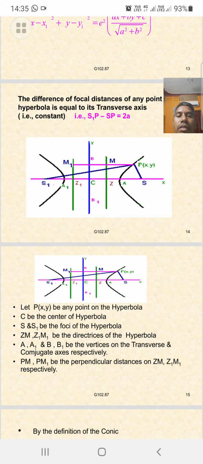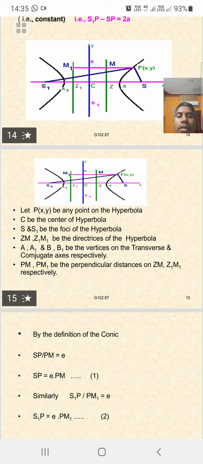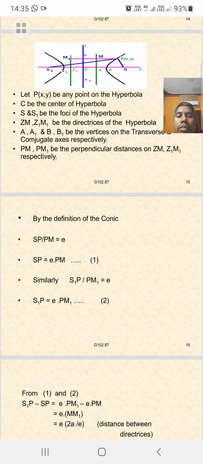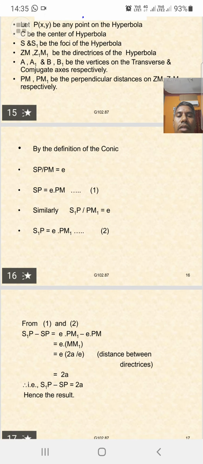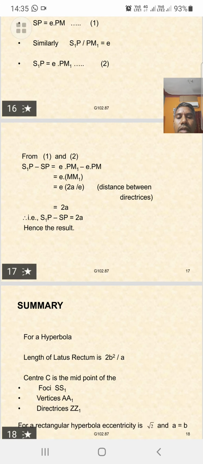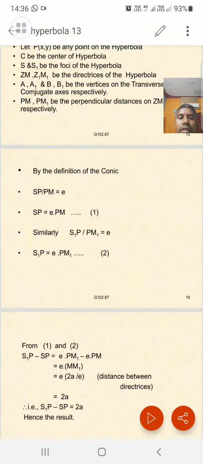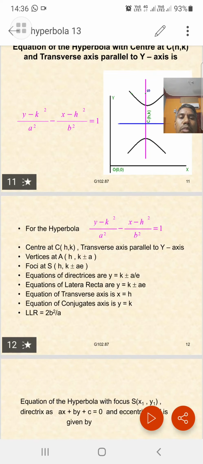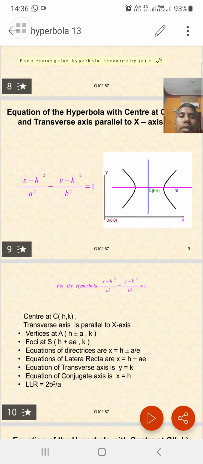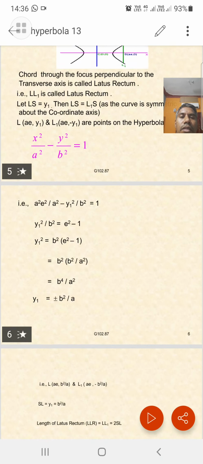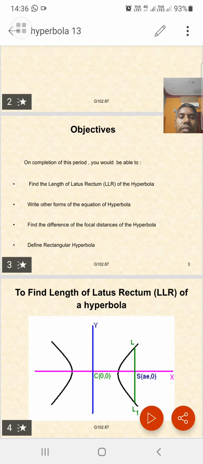This is a point we already know, and the length of the latus rectum is 2b square by a. So this is about the hyperbola, its forms and its elements.